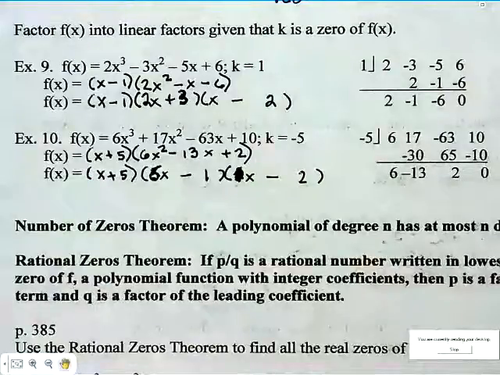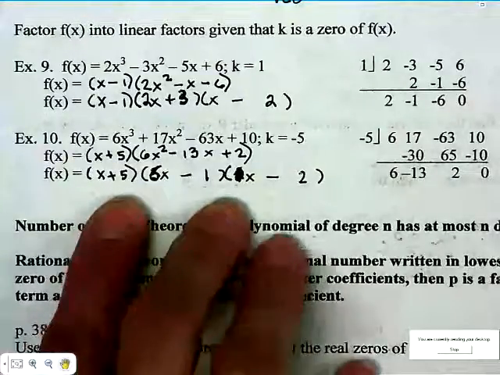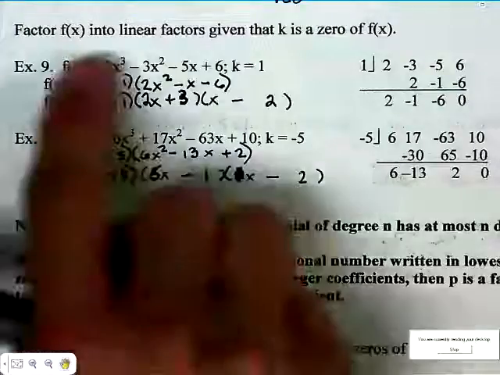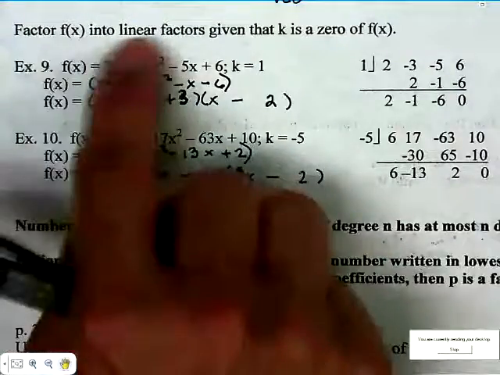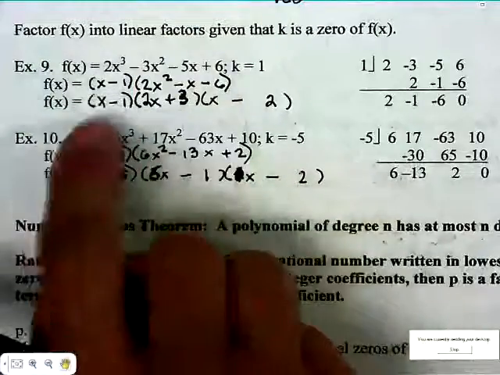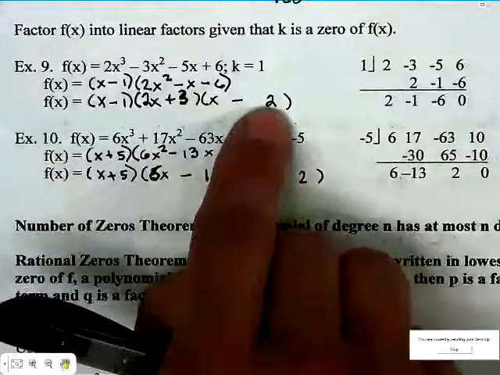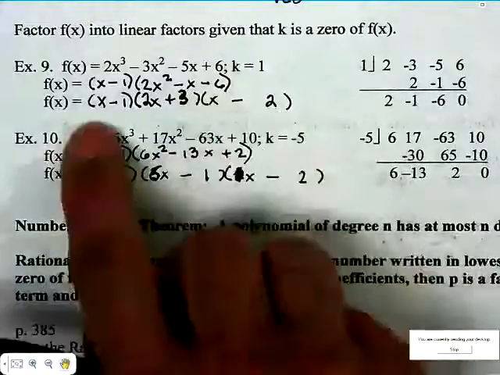One thing that kills me on the test is when folks write an answer to this problem that makes it obvious they don't even know what factor means. If the directions say factor into linear factors, and for the answer you write down 1, negative 3/2, and 2, that's not factors. That's the zeros of the function.